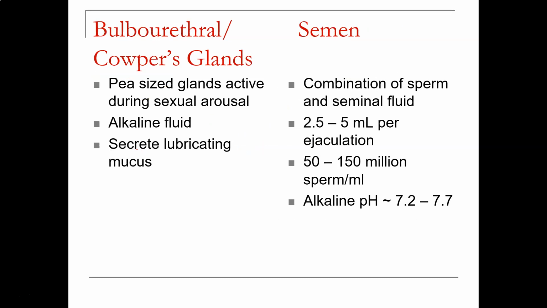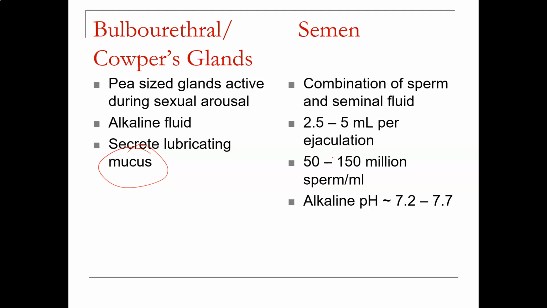Oh, and here's the Cowper's gland. So notice it's mostly mucus. Okay, so in general, semen, here are some statistics about it. Per ejaculation, which means how much is released through the urethra per ejaculation, is about 2.5 to 5 milliliters.